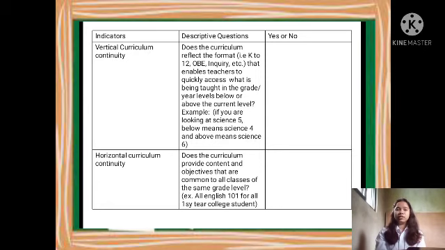Second, horizontal curriculum continuity. Does the curriculum provide content and objectives that are common to all classes of the same grade level? For example, all English 10 classes for all first-year college students.